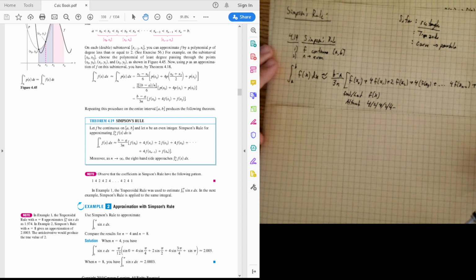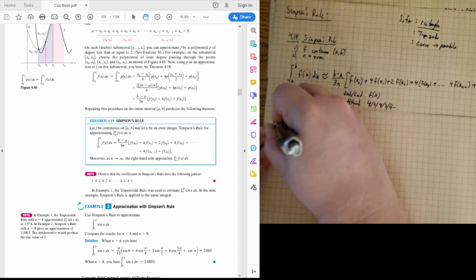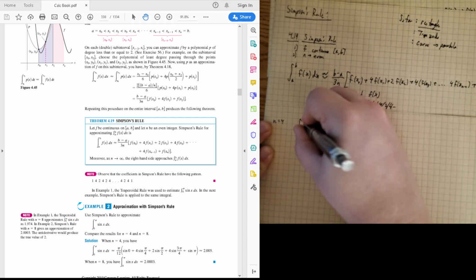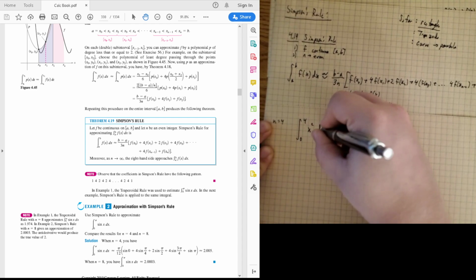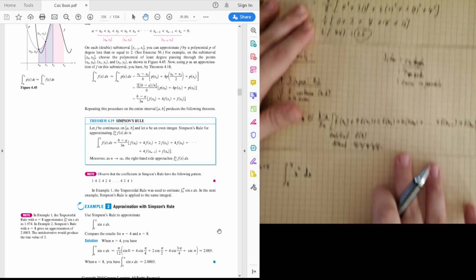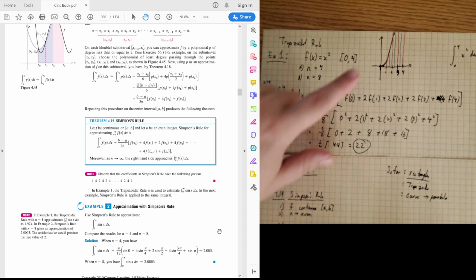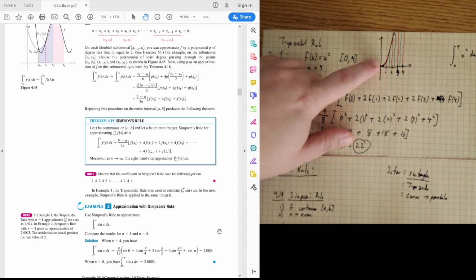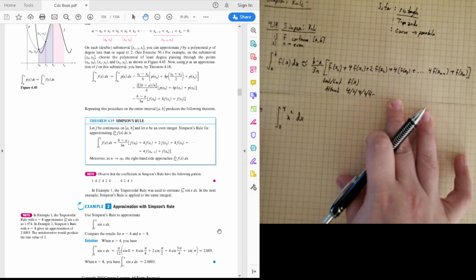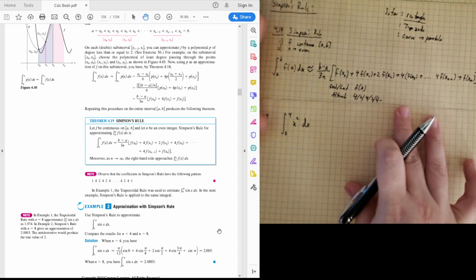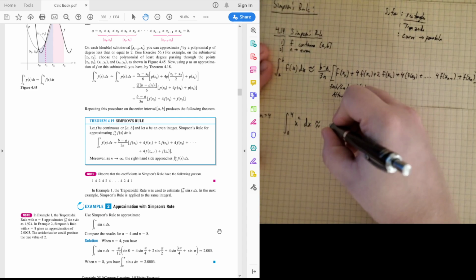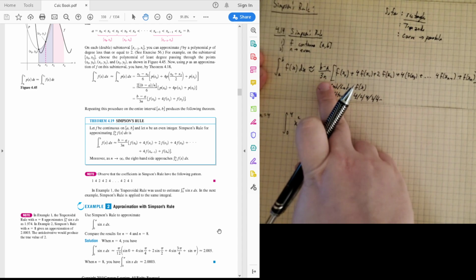Okay, so same problem. So we're doing n equals 4 for the integral between 0 and 4 of x squared dx. Okay, so just like before, we're going to use our same basic picture, what we had up here. So in this case, we're just doing 4 rectangles. So we're going to do 0, 1, 2, 3, and 4 as our boundaries. And now, let's take a look, shall we? This is going to be approximately equal to, so we do b minus a over 3n.